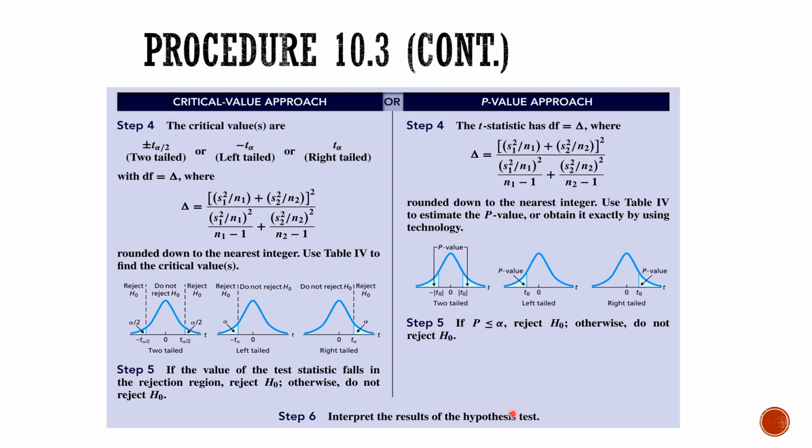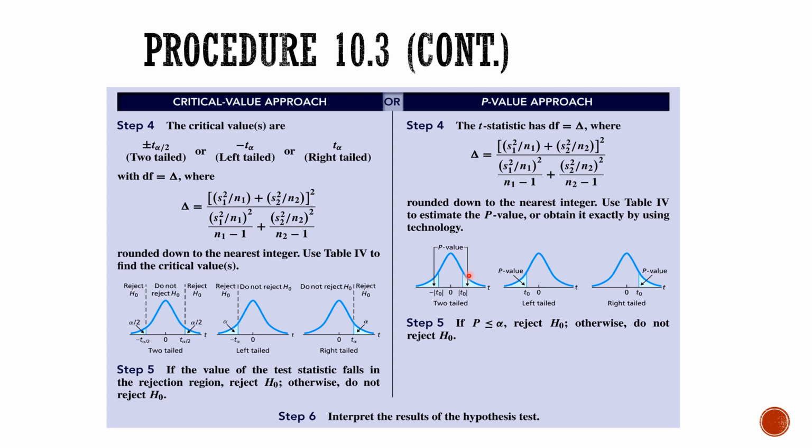Now I'm mentioning that there'll be a separate video posted on the worksheet showing the example that we just talked about, the dynamic system versus the static system operative times for neurosurgery.